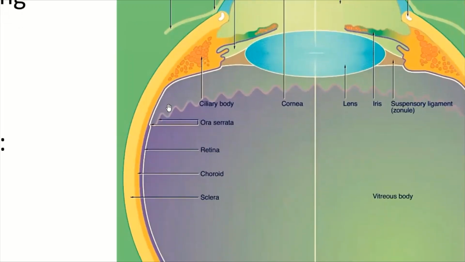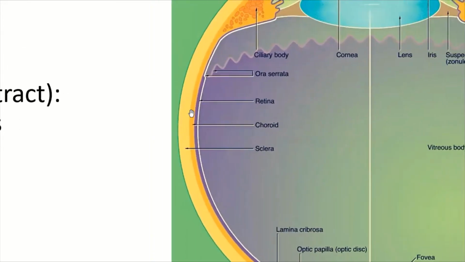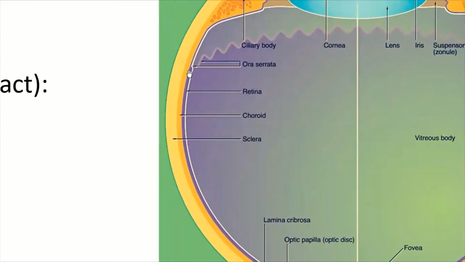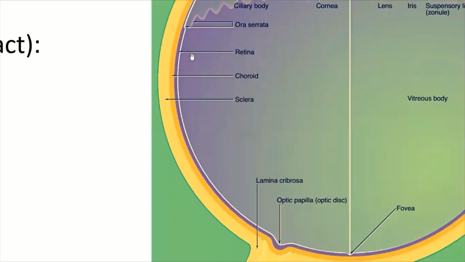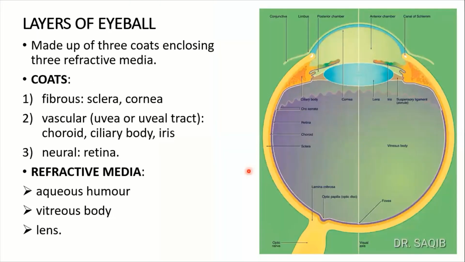These three parts are the second coat. And the third coat of the eyeball is this retina, the innermost coat. Here you see, this is the retina, right? These are the coats.